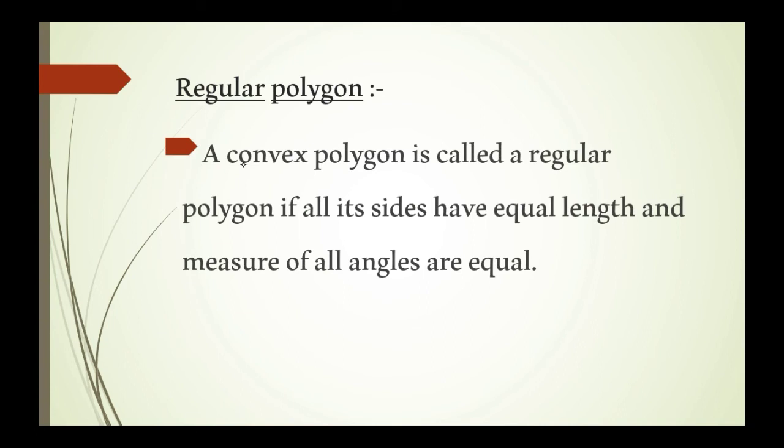Next, regular polygon. A convex polygon is called a regular polygon if all sides have equal length and the measure of all angles are equal. So we have learnt about equilateral: all sides have equal length. Equiangular: all angles are equal.